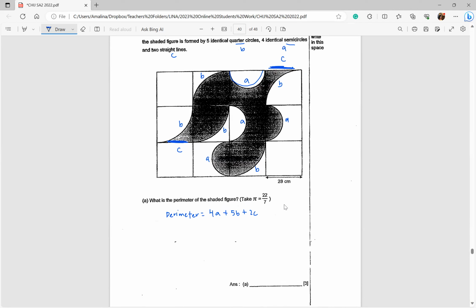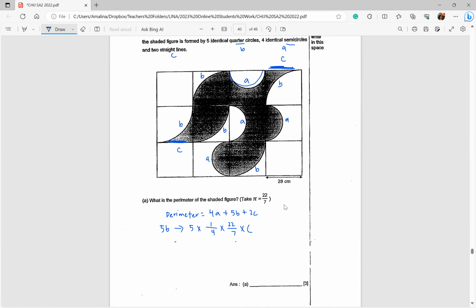Let's find 5B, 5 of the quarter circle. So I get 5 times 1/4 of my pi r square. So 22/7, and then the radius of my quadrant, which is 28 cm. Oh, sorry, hold on. Not pi r square, that's an error.